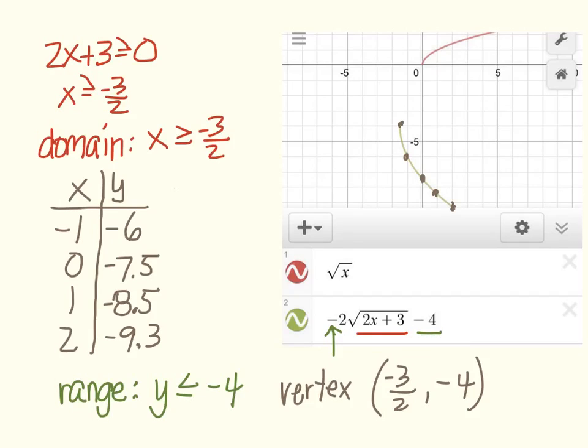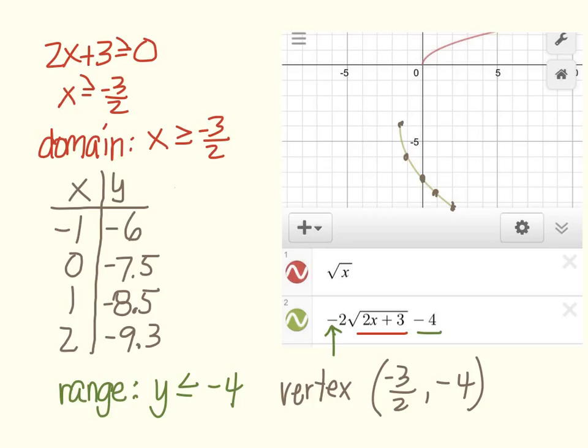When I plug in 1, I get negative 8.5. And when I plug in 2, I get negative 9.3. And so I can then graph those 4 points. There they are: negative 1, negative 6; 0, negative 7.5; 1, negative 8.5; and down here just off the graph would be 2, negative 9.3.